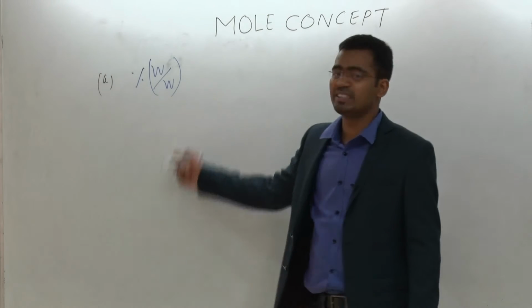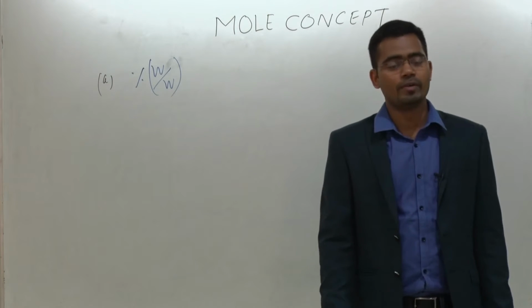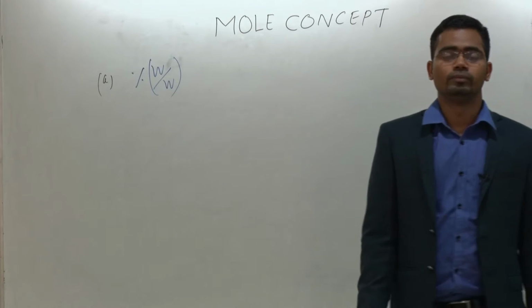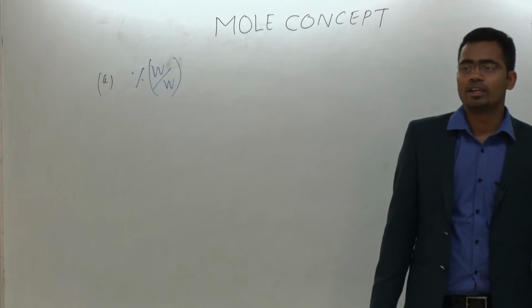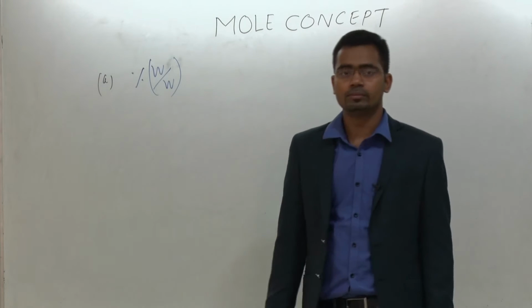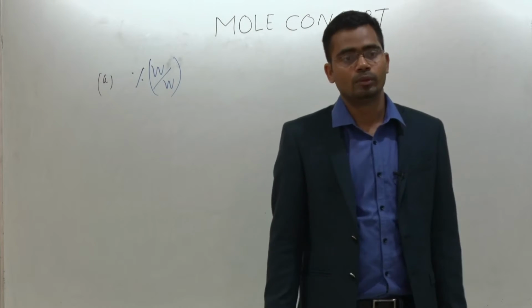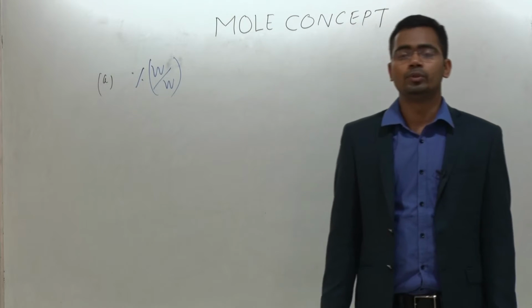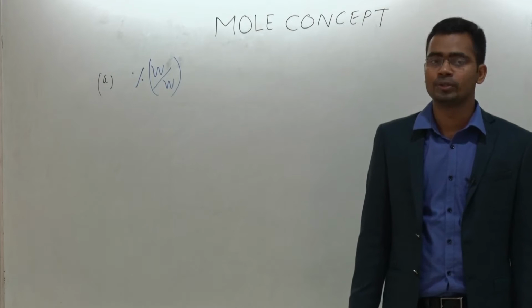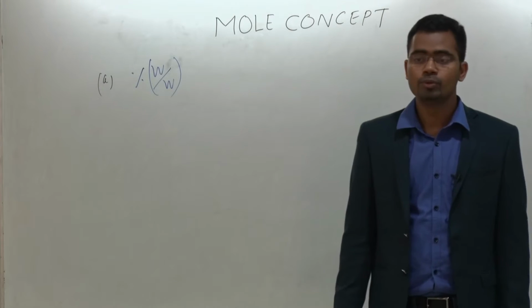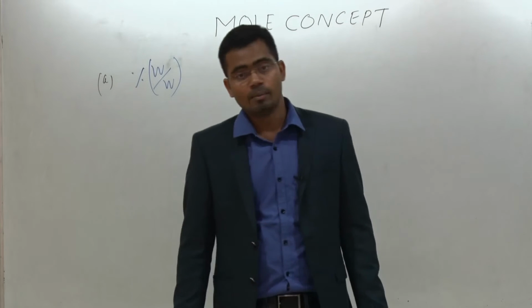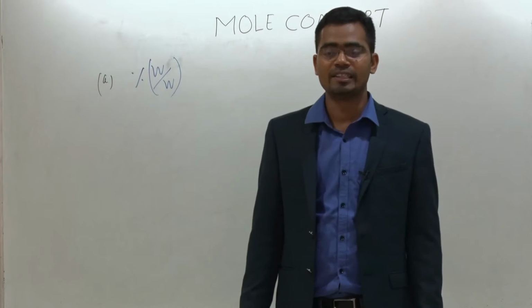So what is this? Percentage weight by weight. It is the ratio of weight of solute to weight of solution, multiplied by 100.